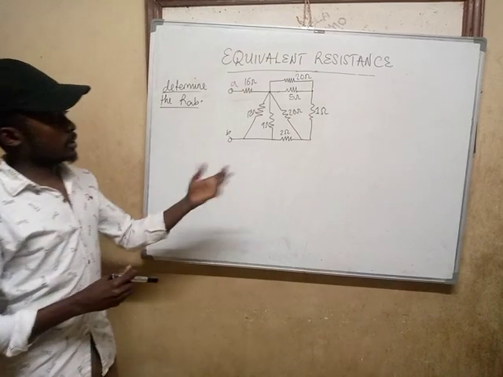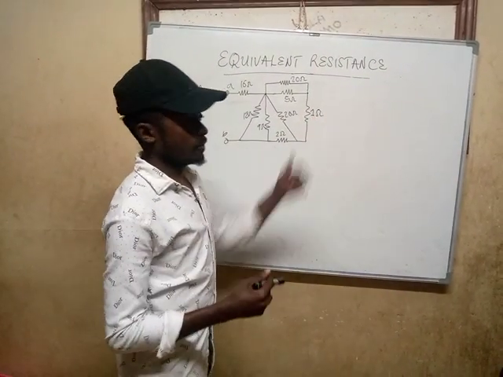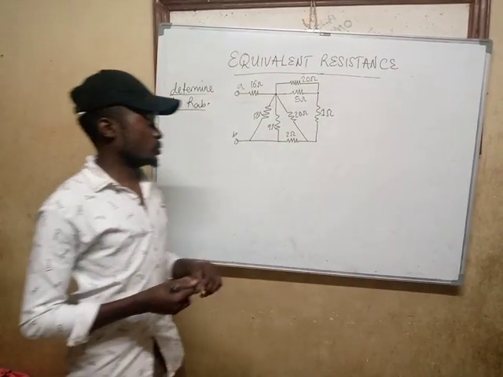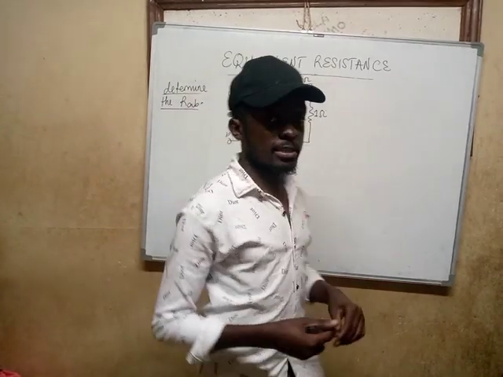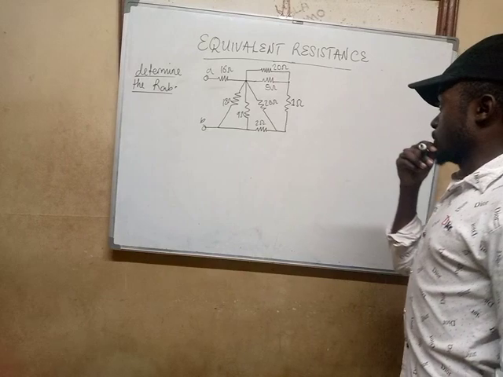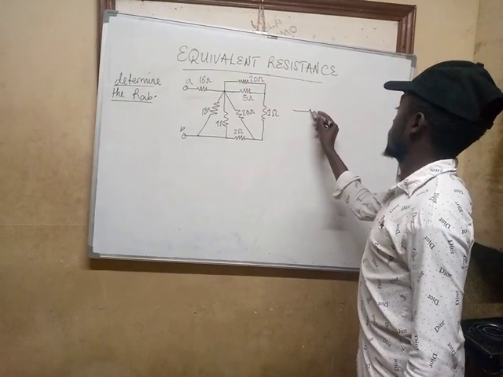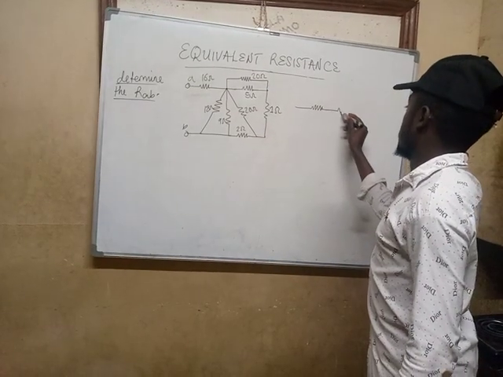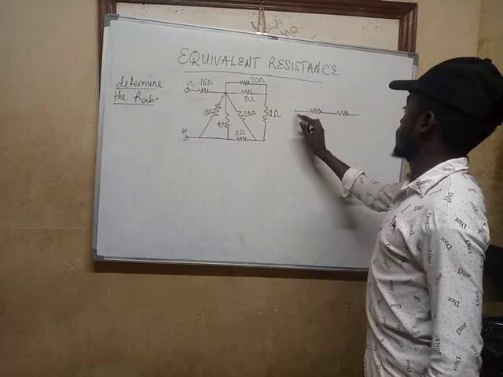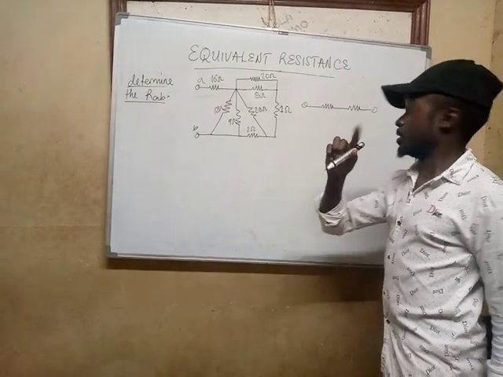We should know how to identify resistors in series and resistors in parallel. So how do we identify them? We say resistors are in series if they share a single node.